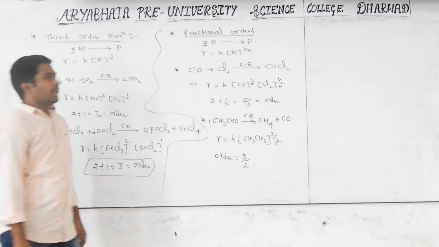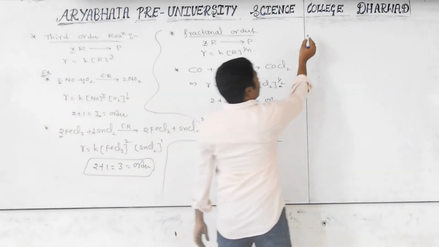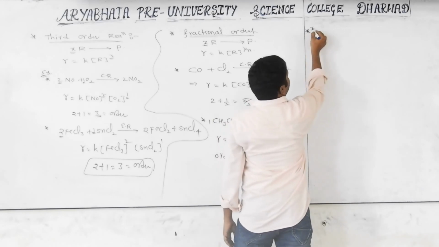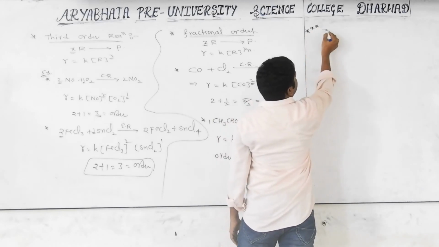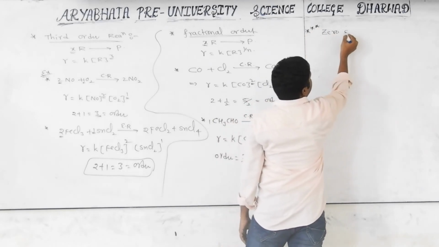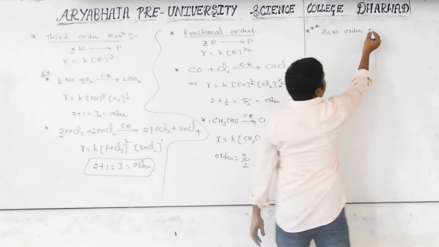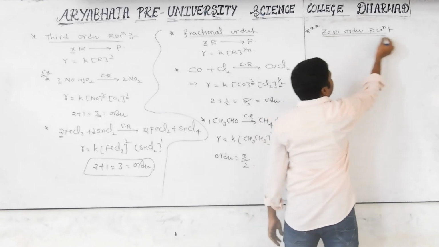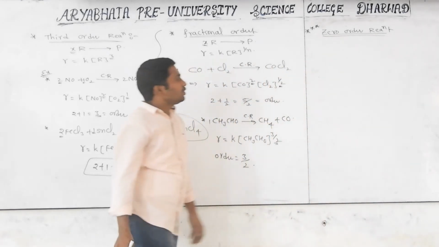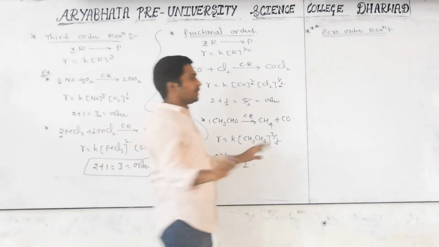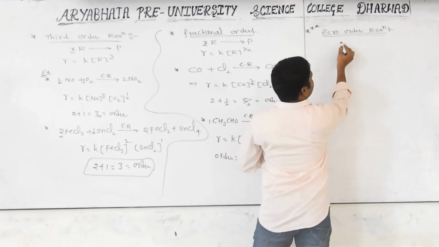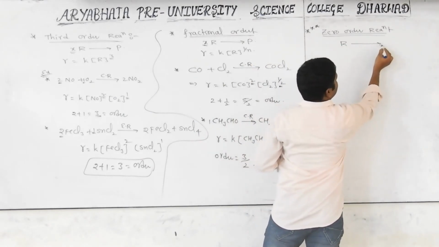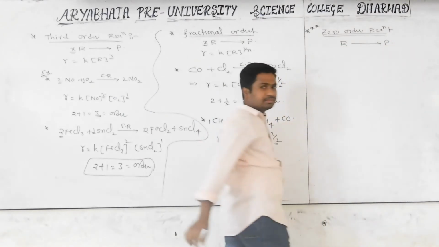Fractional orders. Now I will give you one example that is very important for 2 marks: zero order reaction. I told you order may also be zero. What is the meaning of zero order reaction? Imagine you take a chemical reaction in which reactants are converting into products.